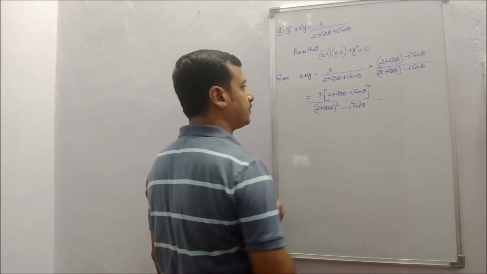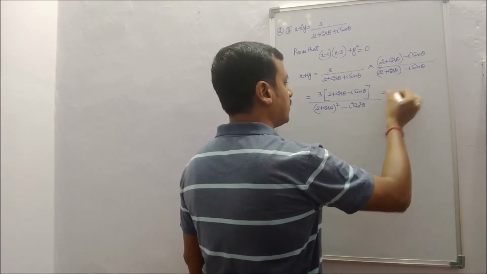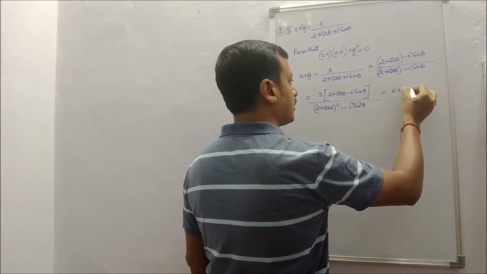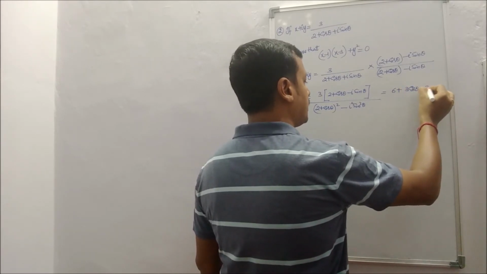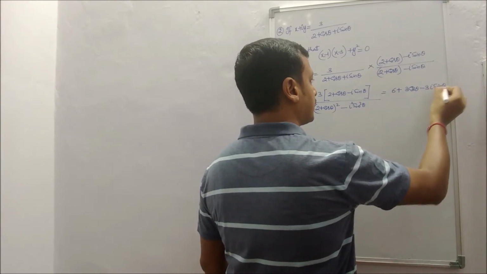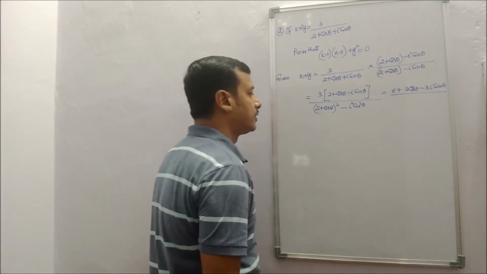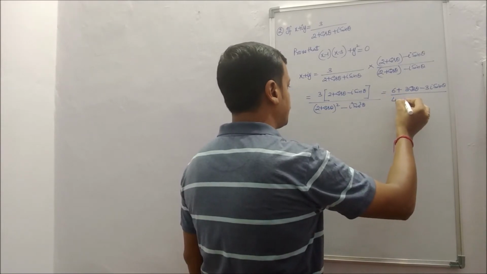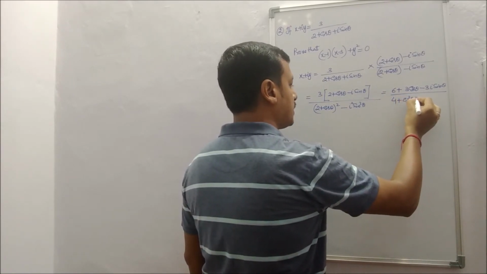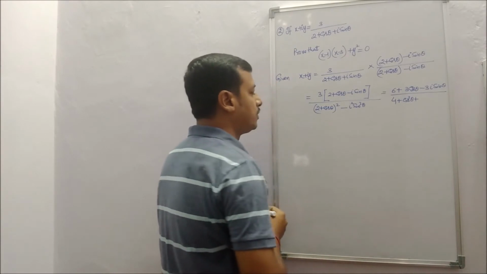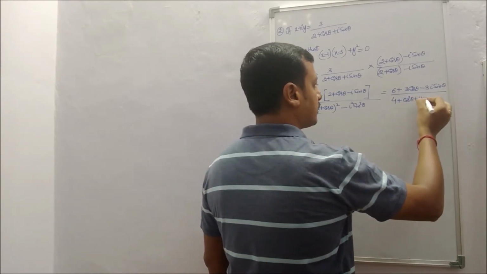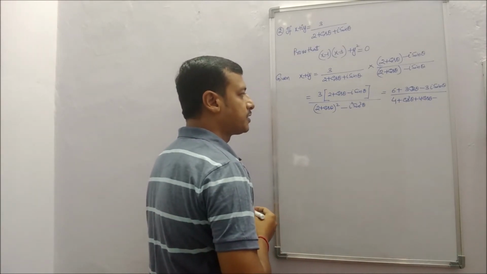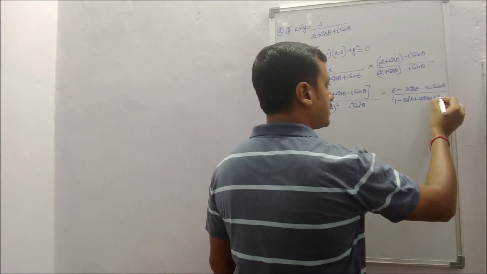So it is 6 plus 3 cos theta minus 3i sin theta divided by (a plus b) whole square, that is 4 plus cos square theta plus 2 into 2, 4 cos theta. i square is equal to minus 1, minus minus plus, that is plus sin square theta.